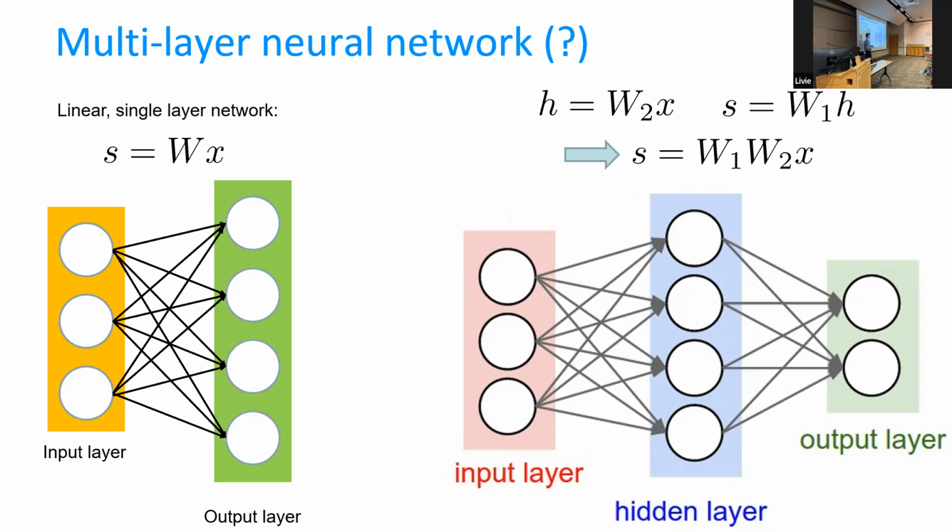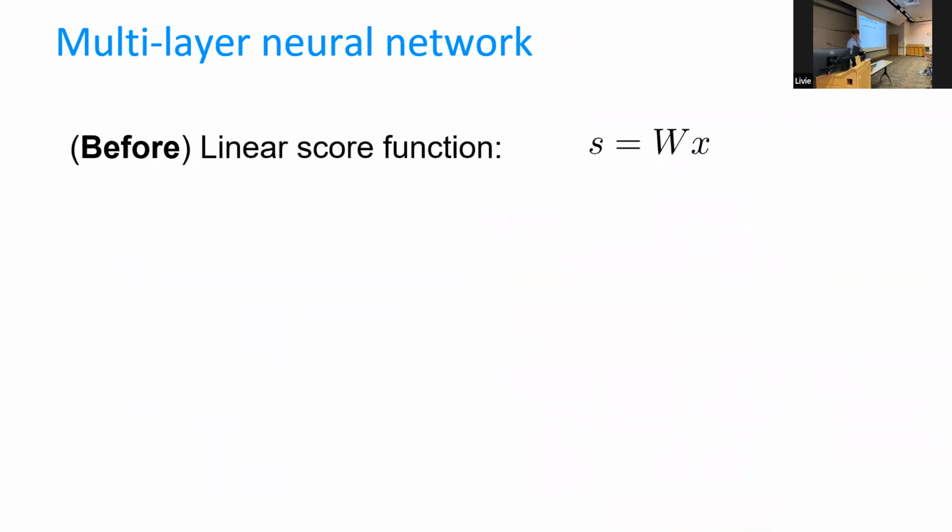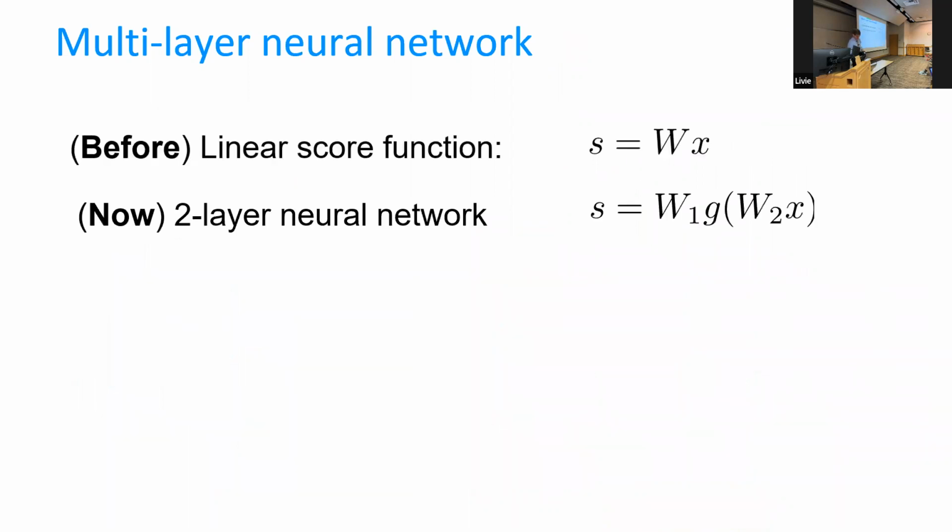Yes, so that is the answer. Because the result of multiplying two matrices is a matrix, stacking more linear layers on top of each other is no different from just having a single linear layer. You mentioned nonlinearities. That is what we are going to add, and that is this G right here.